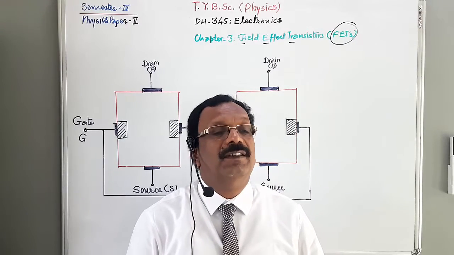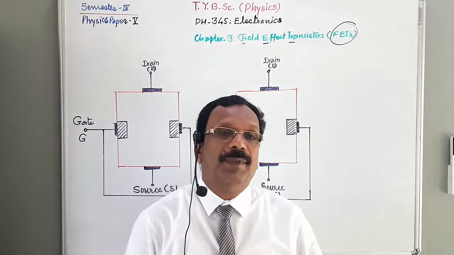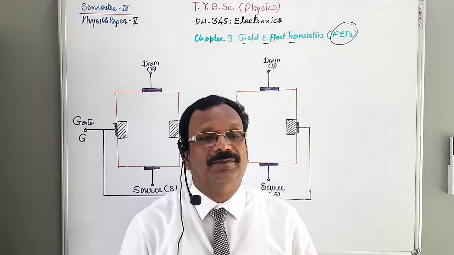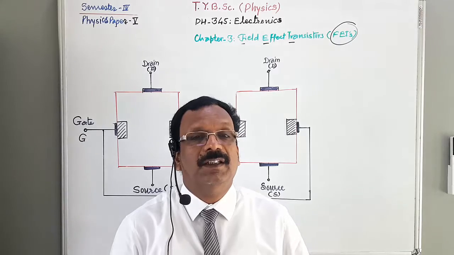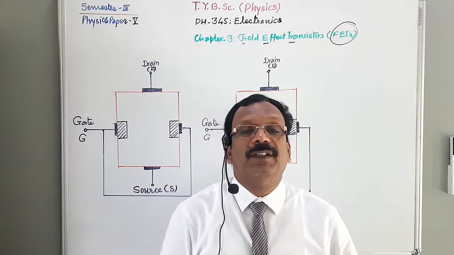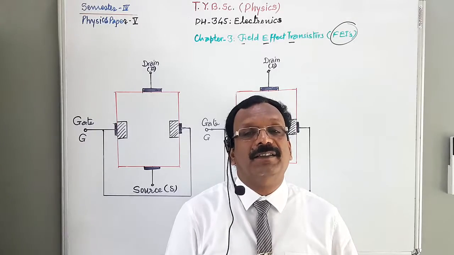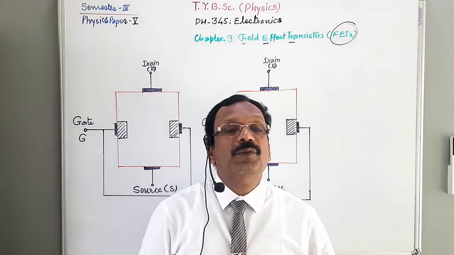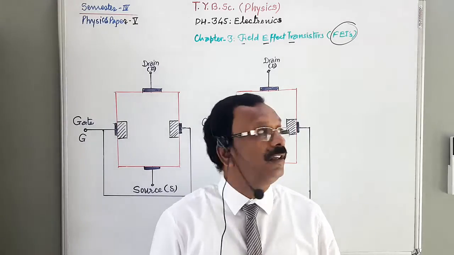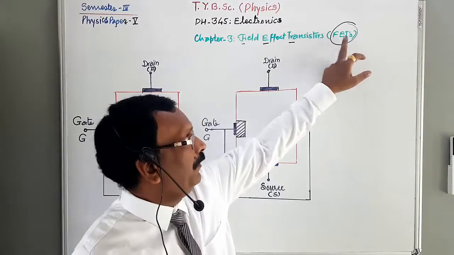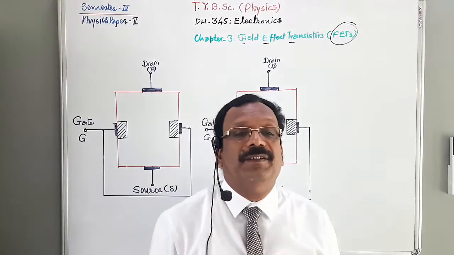And second, the BJT has considerable noise level. These two drawbacks have been overcome to a great extent by the discovery of a new solid state device called the field effect transistor, and the abbreviation is FET, F-E-T.